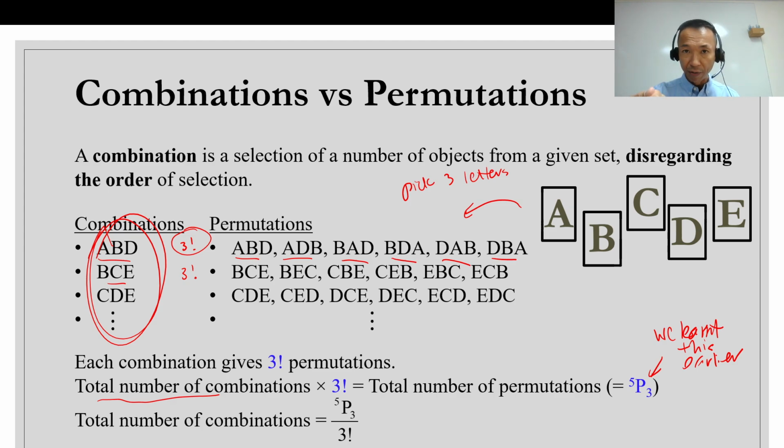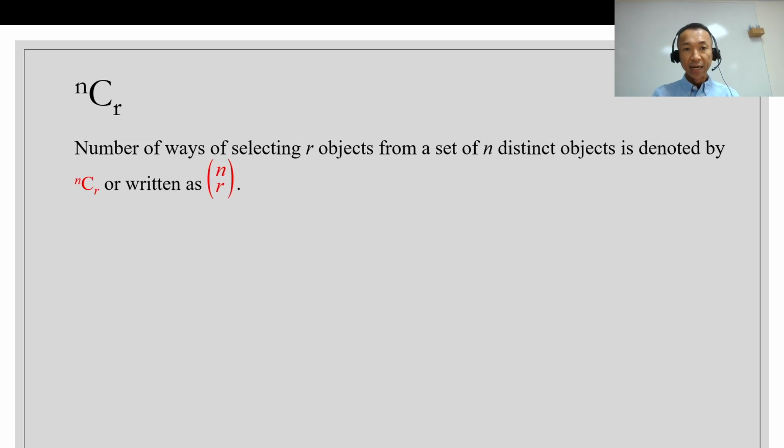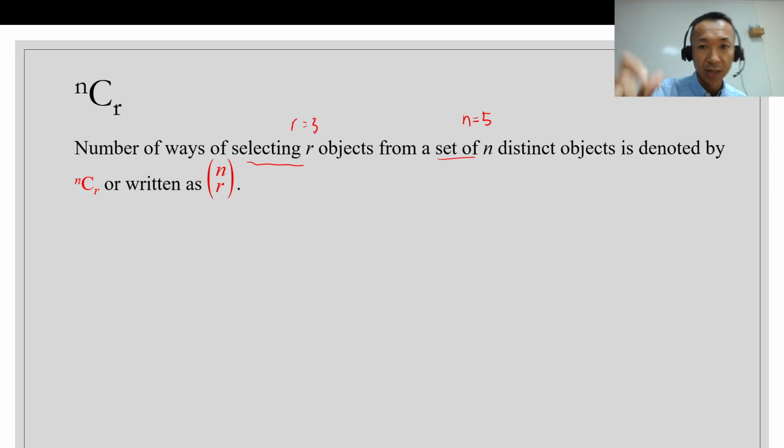Let us use generic terms to define this now. The number of ways of selecting r objects out of n. Just now we gave the example where n was 5, correct? Your r was 3, correct?